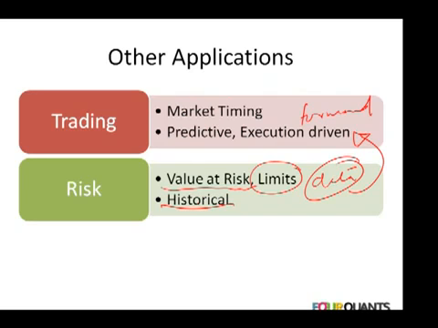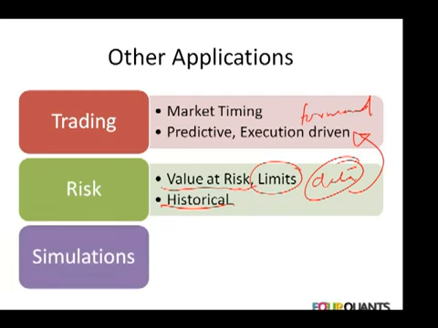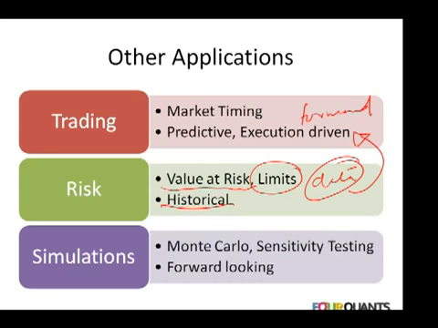So after trading and risk, the next big application that we see very frequently is the simulation application, where we could take any of the questions, the investment, the valuation, the funding, the trading, or risk applications, and primarily throw in a simulator that simply flips a switch and tells us what is the state of the world our model would find itself in.